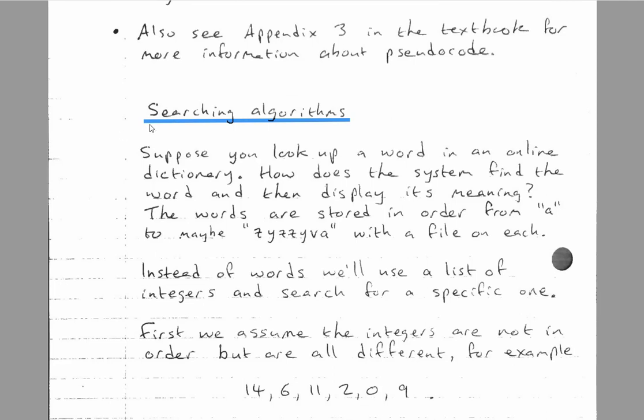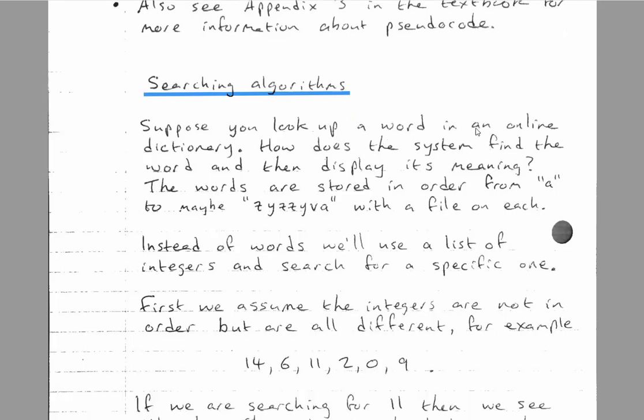All right, so let's look at some slightly more sophisticated algorithms. Well, not much more. Searching. Suppose you're looking up a word in an online dictionary. You just type it in, but how does the system find the word you're looking for and then display its meaning?